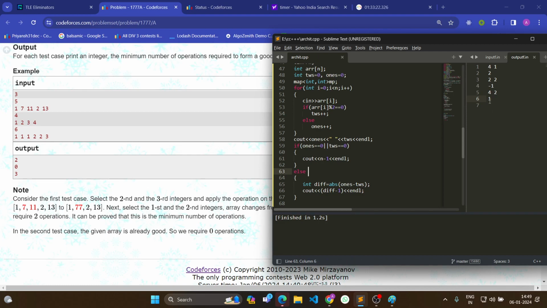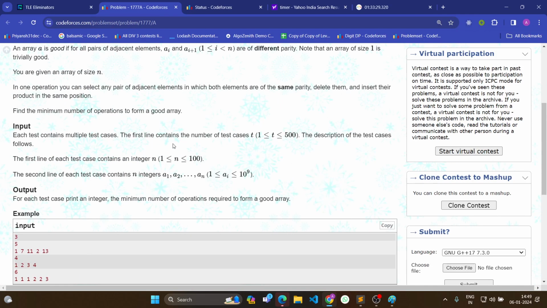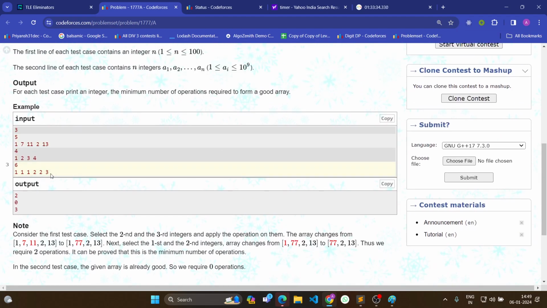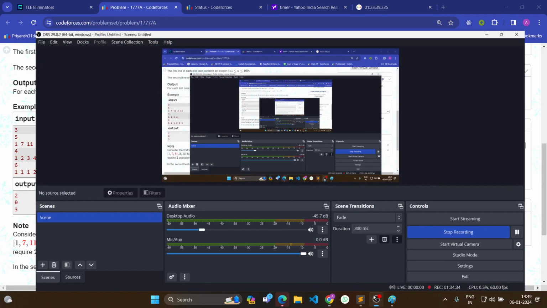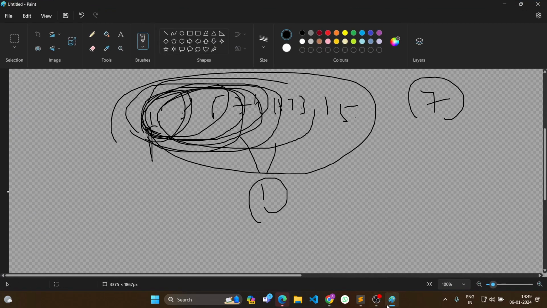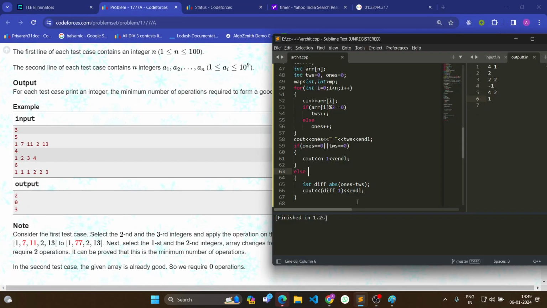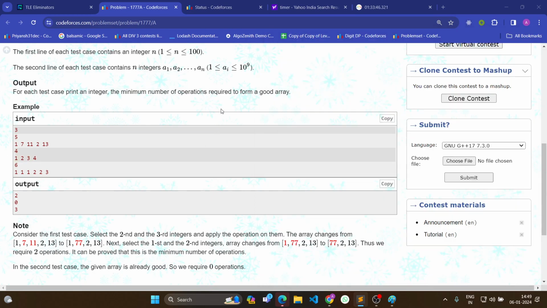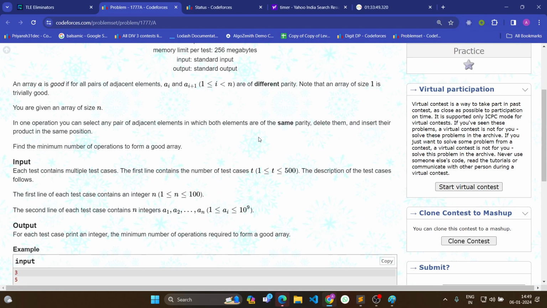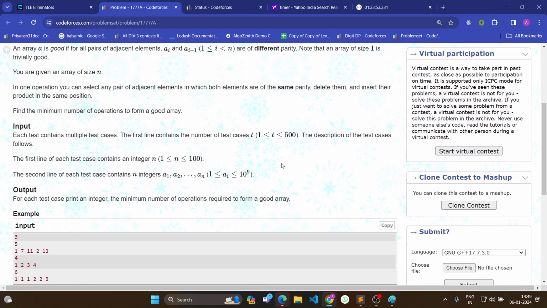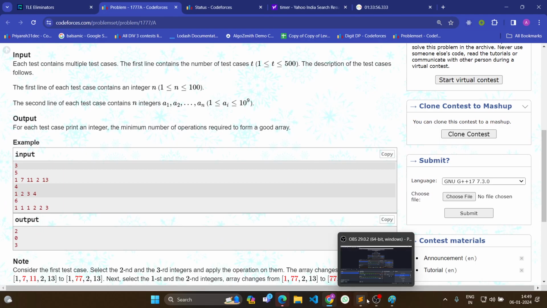It is 4 odd elements, 2 even elements. Then why do I need 3 operations? Let's check. The same parity, delete them and insert their product in the same position. Why do I need?